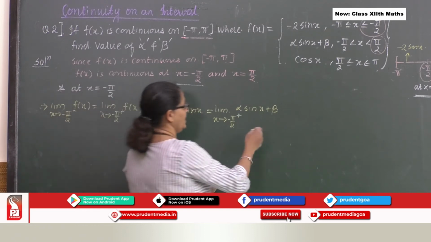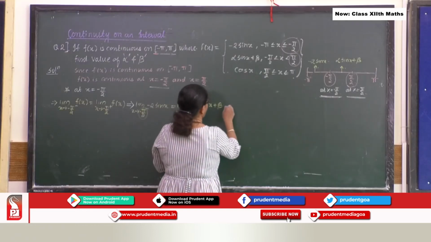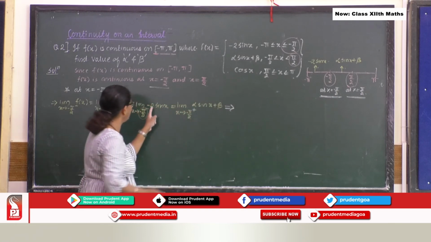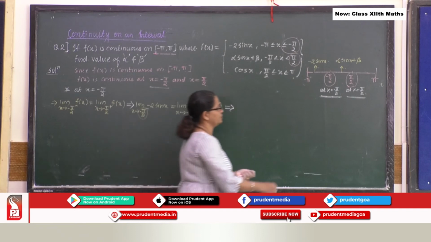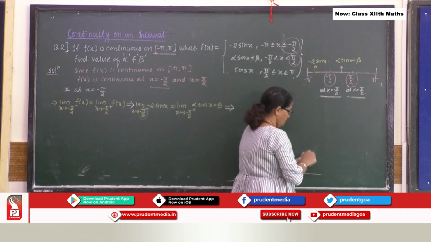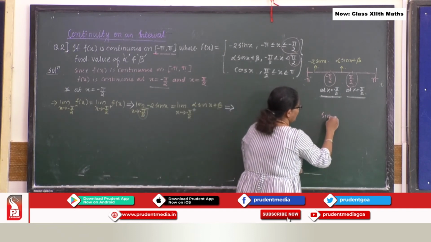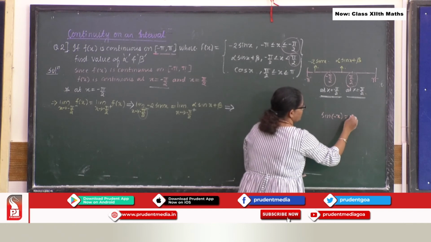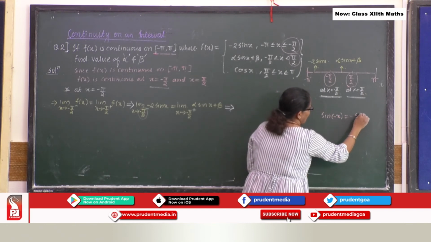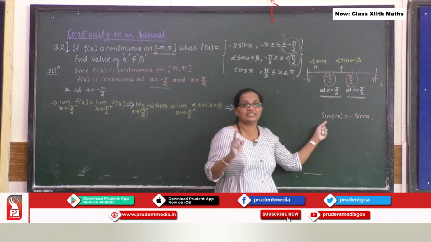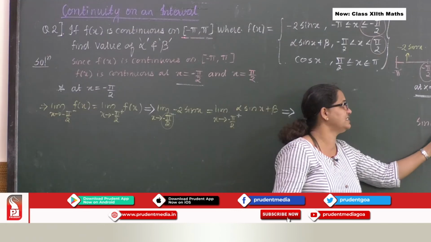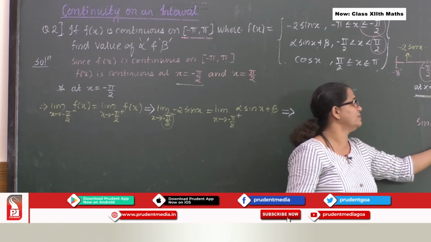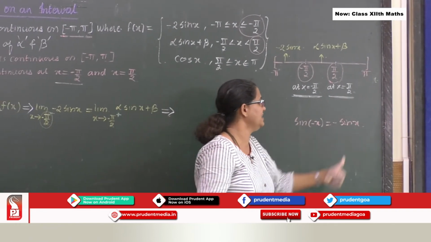When I substitute x equal to minus pi by 2, if you remember, sine of minus x you studied as minus sine of x. Why? Because sine is an odd function. So if the angle is negative, that negative sign comes out and you get minus sine x.